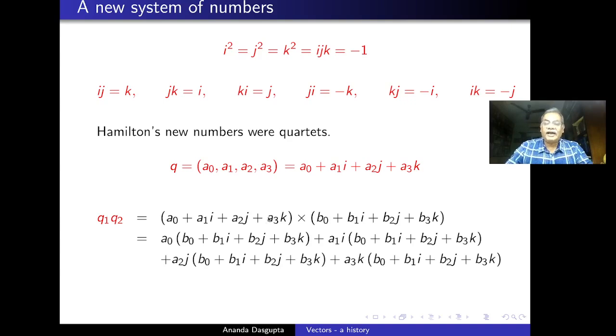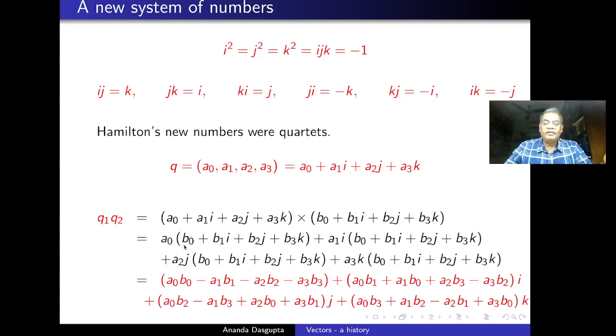You should be able to break up the bracket. Technically, we say this product is distributive. So A0 gets to multiply the whole thing, A1 i gets to multiply the whole thing, A2 j gets to multiply the whole thing, and A3 k gets to multiply the whole thing. And you sum up all of these together.